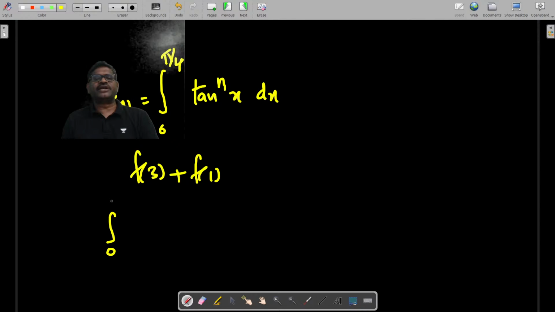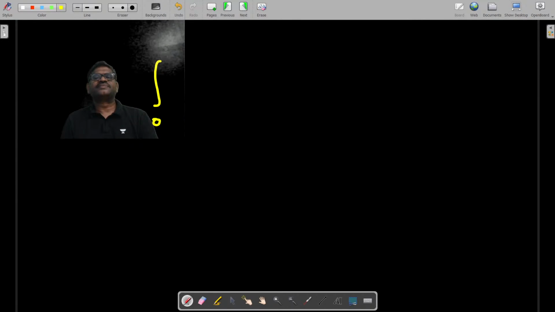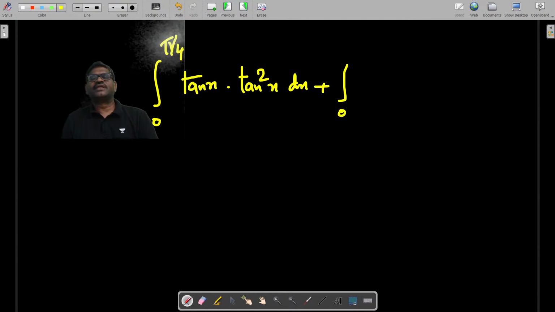f of 3 is nothing but the integral from 0 to pi by 4 of tan cube x dx, plus the integral from 0 to pi by 4 of tan x dx. Now, tan cube x can be written as tan x into tan square x dx, plus the integral from 0 to pi by 4 of tan x dx.